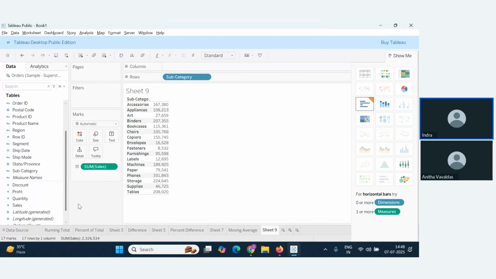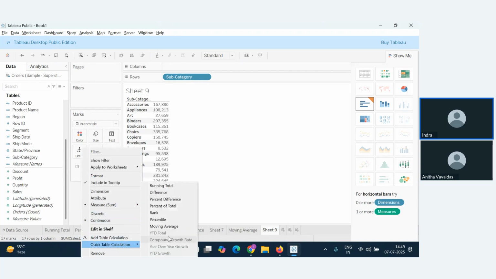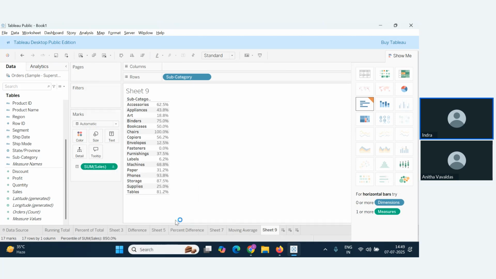This is not going to be very accurate, but let's see. Here, I'll go to this drop down, go to quick table calculation, and I will select percentile. Now let me sort it in descending order. So basically, it starts with fasteners.